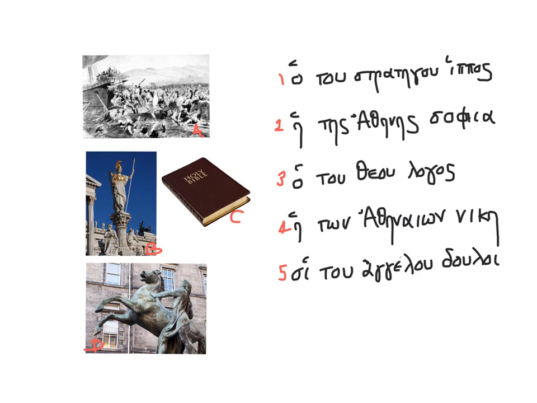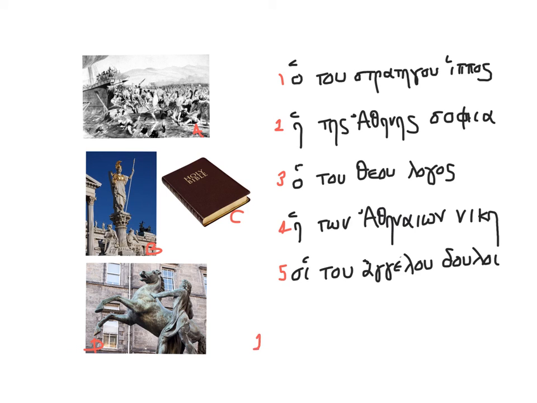Well, if we look at the Greek expressions first of all, the top one is ho tou strategou hippos, the horse of the general, or the general's horse. Now, if you look at the pictures, there's only one that it can be, which is picture D. Picture D, in fact, is a statue of Alexander, the Greek general Alexander, mounting his horse Bucephalus.